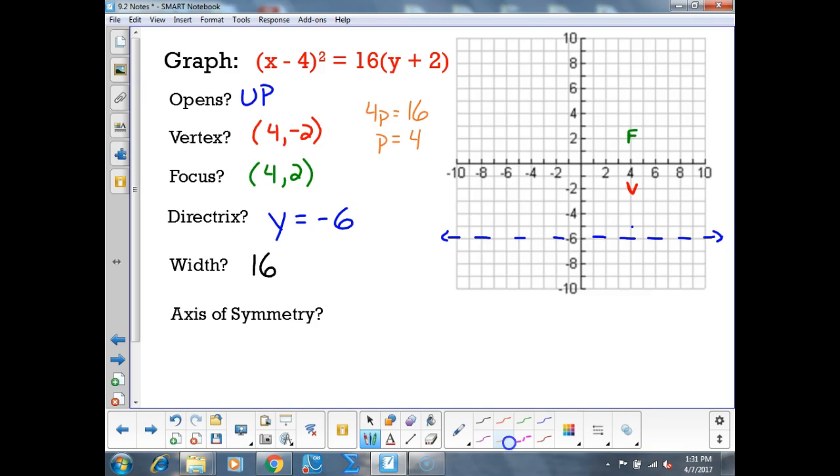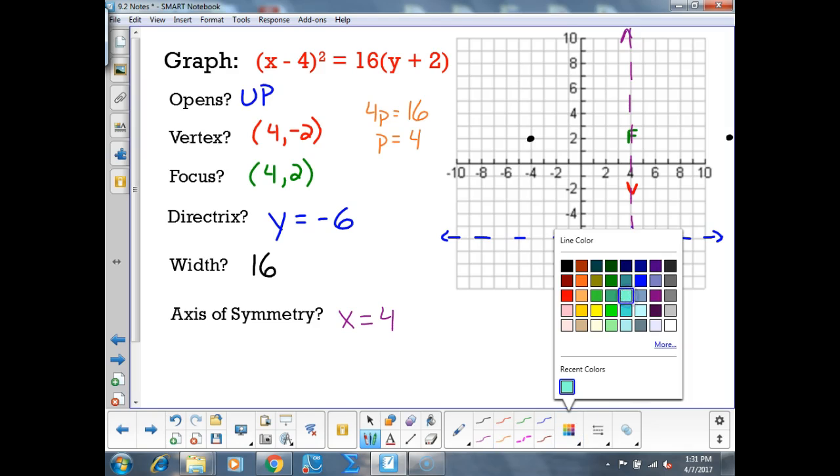So that's 8 each way. 2, 4, 6, 8. 2, 4, 6, 8. So just a little bit off. Axis of symmetry. X equals 4. Okay. And then we just have to finish it off by putting it on there.